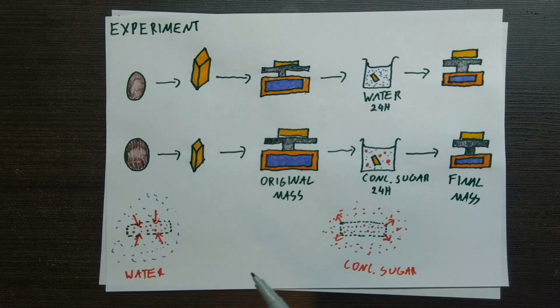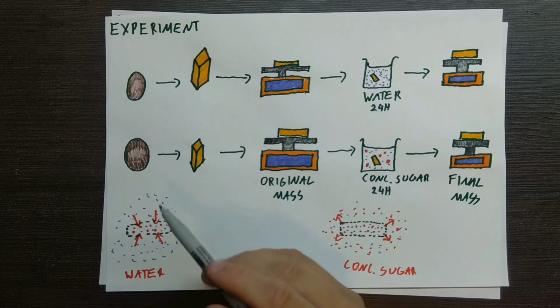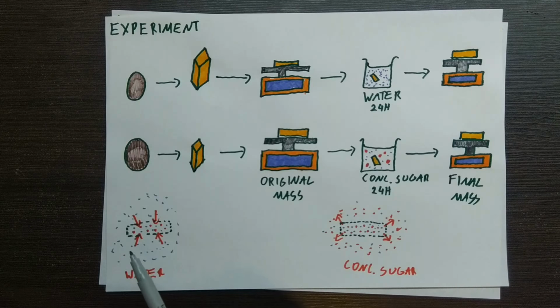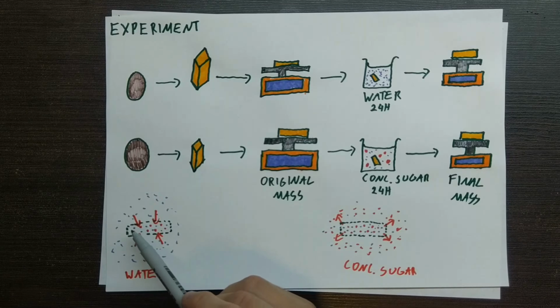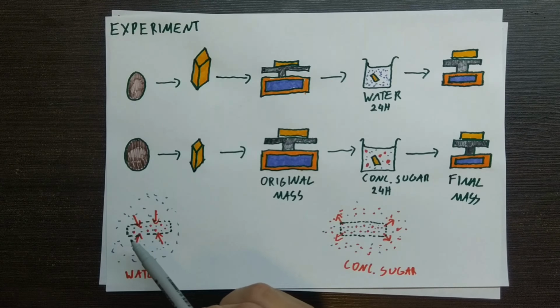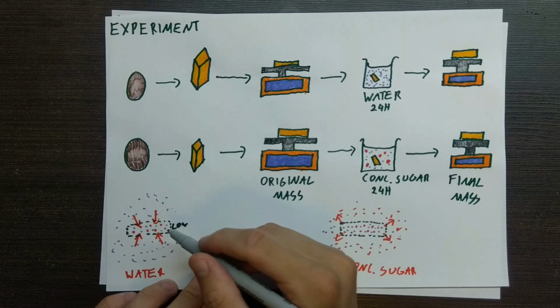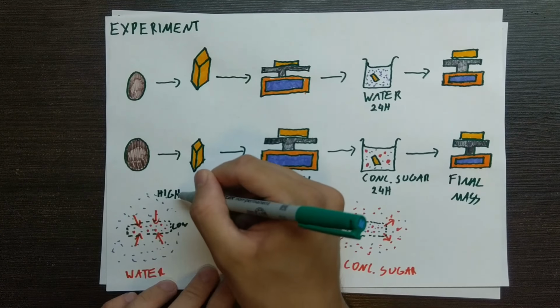Let's think about this. So, here we have a chip that was put in water. I drew the chip in a dotted line because this is a semi-permeable membrane, essentially. And inside the chip, we have some water, but we also have electrolytes, we have salts, and we have sugars. That's the red stuff. So in water, ultimately, the concentration of water is lower in the chip compared to outside where it's high because it's literally just pure water.